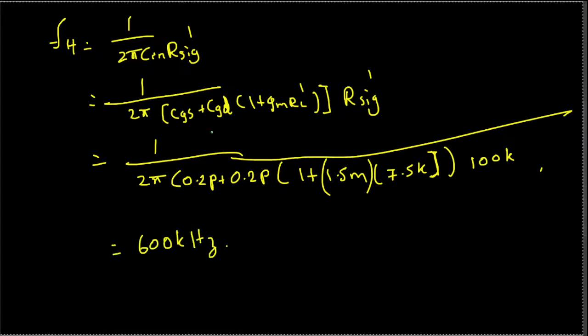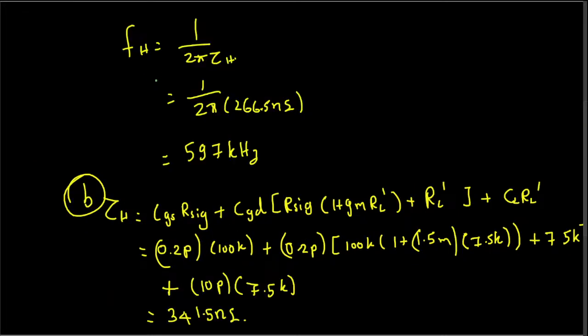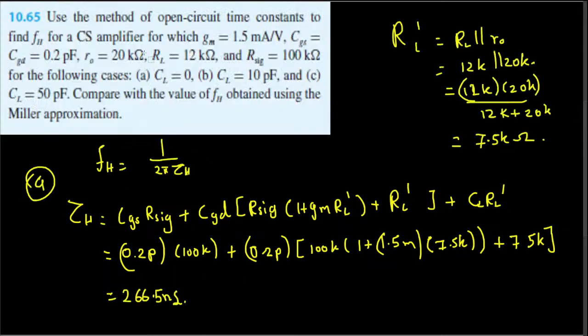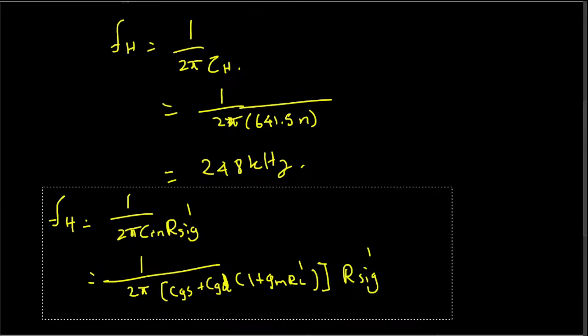And if you compare this value, we calculated this one using Miller approximation. We did the same thing using open circuit time constant method with 3 different load capacitance. In the first one, when the load capacitance is 0, we got the FH value to be 597. When the load capacitance is 10 picofarad, we got the FH value to be 466 kilohertz, and when the load capacitance is 50 picofarad, we got the FH value to be 248 kilohertz.